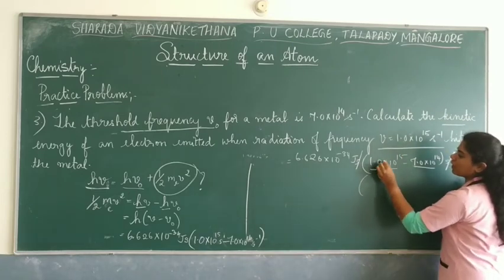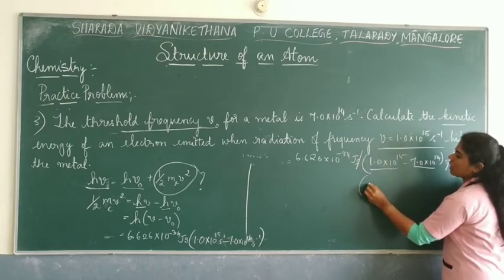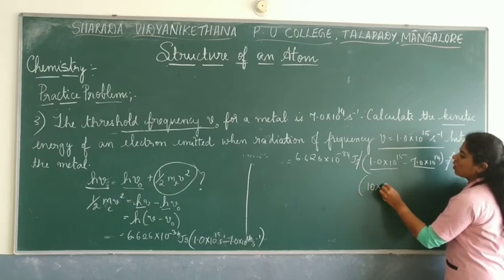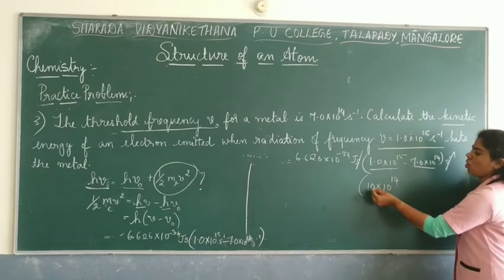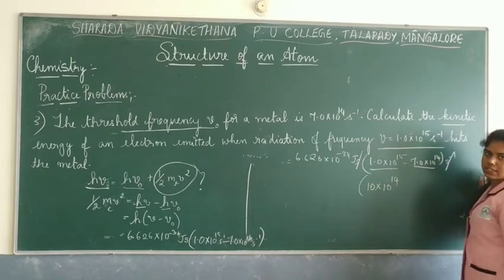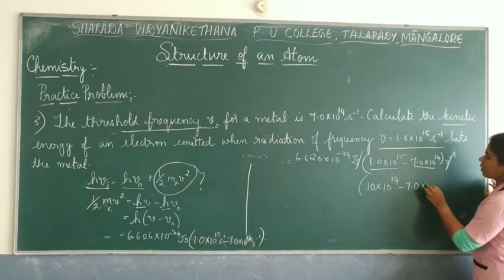I have to shift the point this side, one place. So here, it becomes 10 into 10 to the power 14, or 10.0, because you're shifting the point this side, so one less. So 10 into 10 to the power 14 minus 7.0 into 10 to the power 14.